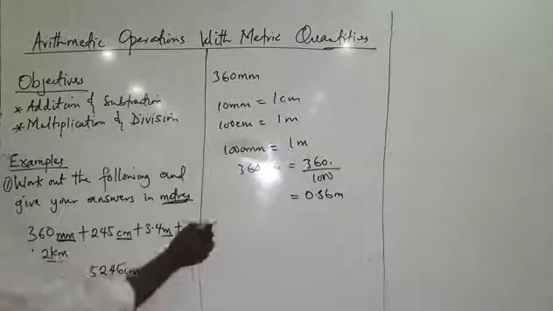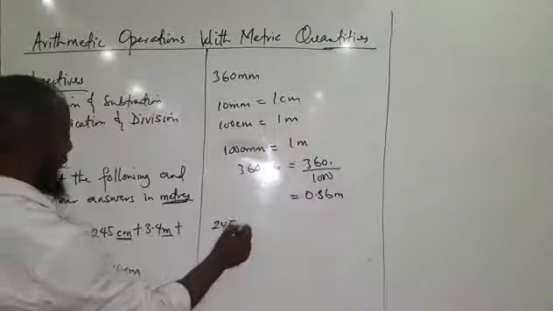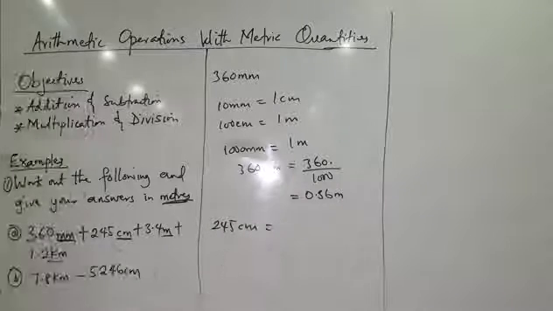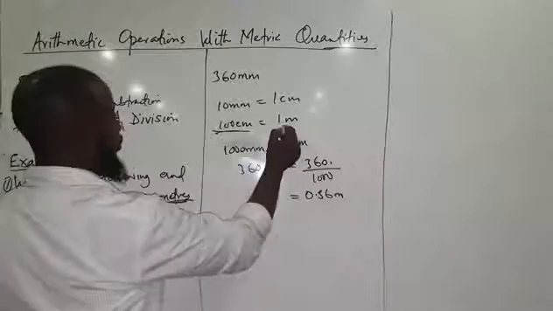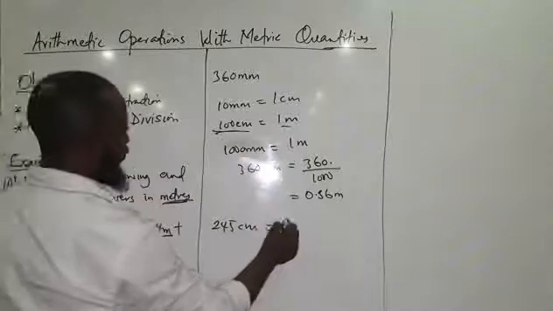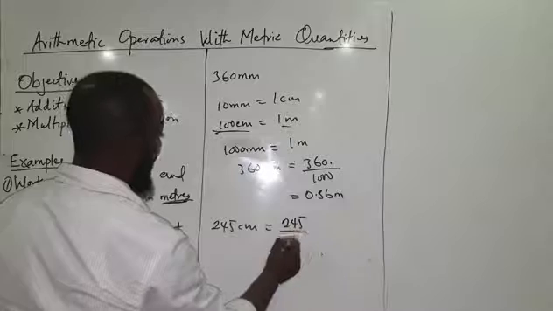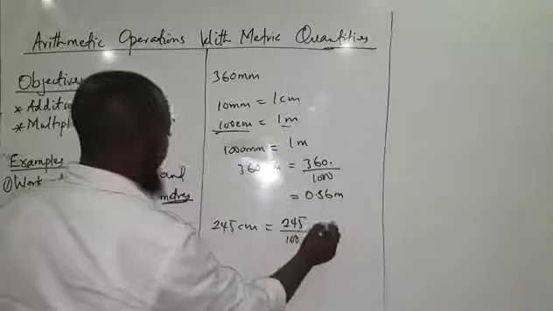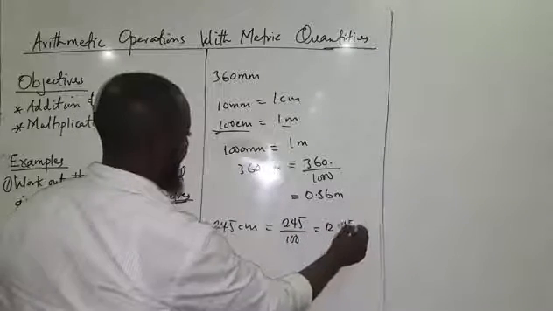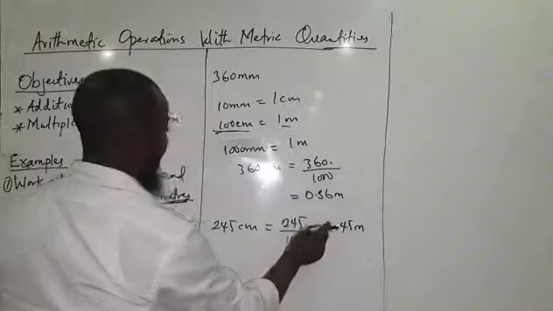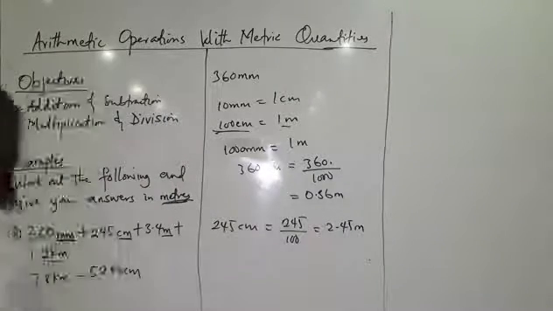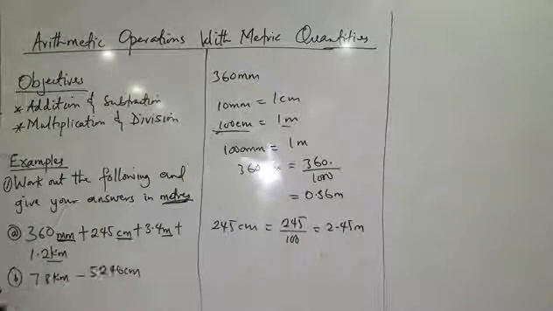Now the second one, 245 centimeters. We also convert this one to meters. As we know that 100 centimeters equals 1 meter, 245 divided by 100 gives us 2.45 meters. I hope I'm making sense. Moving to the next one, 3.4 meters. This one is already in meters, so there's no point changing it.